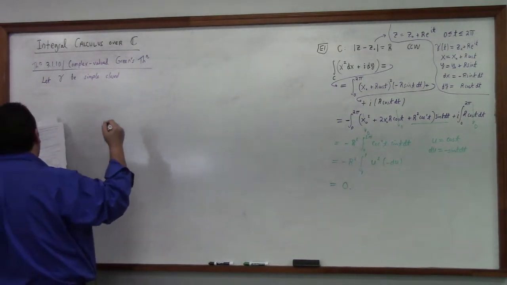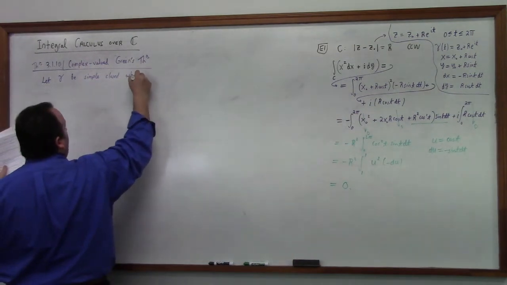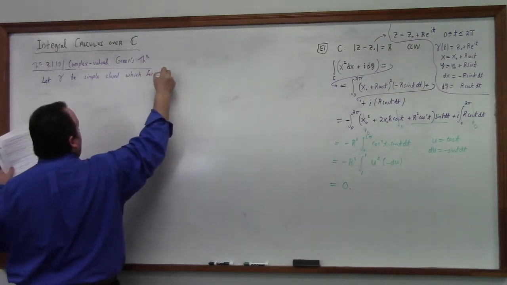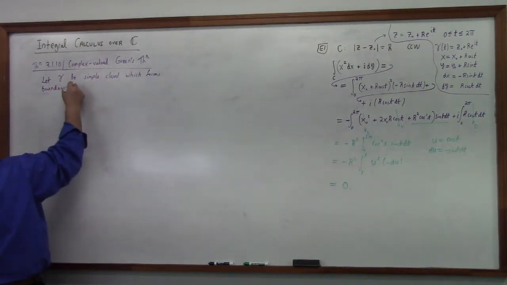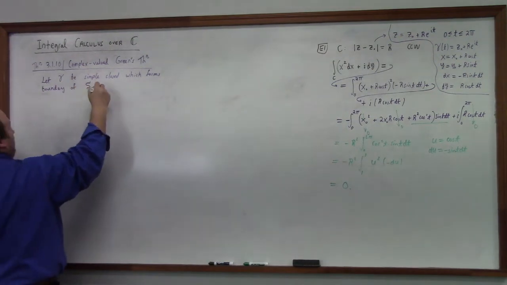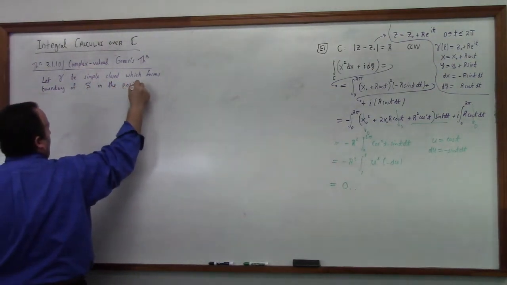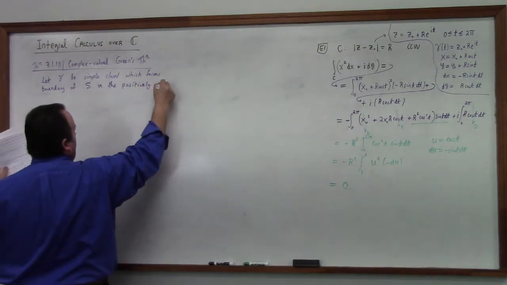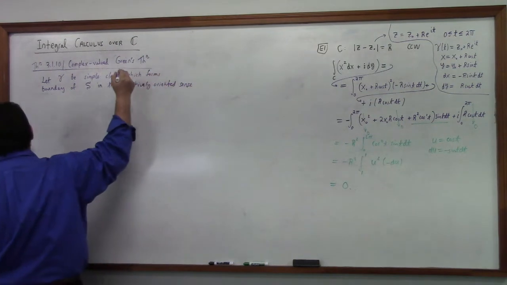So let gamma be a simple closed curve which forms the boundary of S, in the positively oriented sense. I'll draw a picture to explain what I mean by those words.